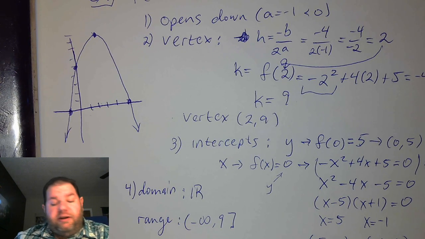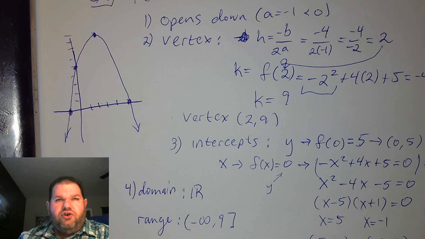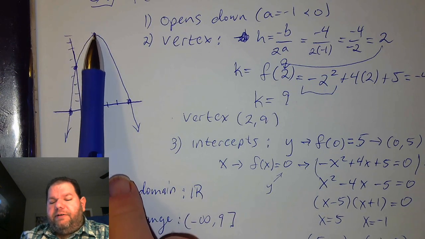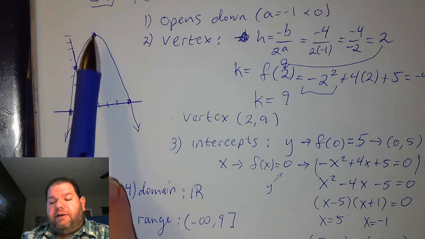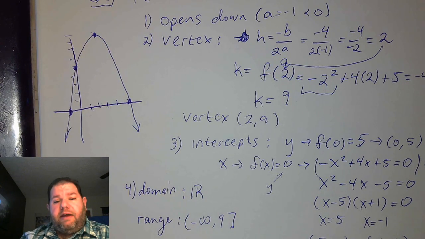The other thing that we didn't find, although we have all the information for already, is what's called the axis of symmetry. Now, the axis of symmetry is a line that goes through the middle of the parabola, basically cuts the parabola in half so that the left half is symmetric to the right half.